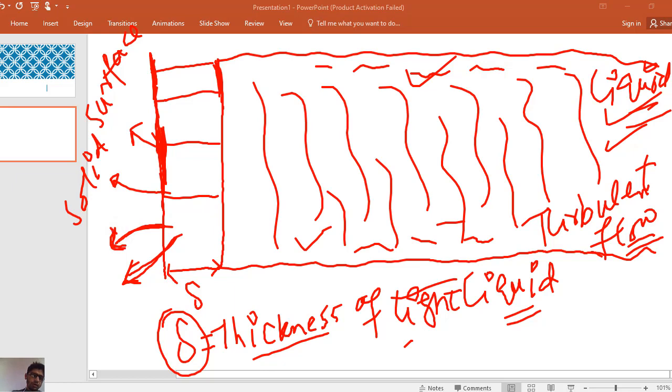The component A is dissolving in the liquid. So the concentration of component A at the surface is, suppose, CAI. The concentration of component A in the bulk is CAB.